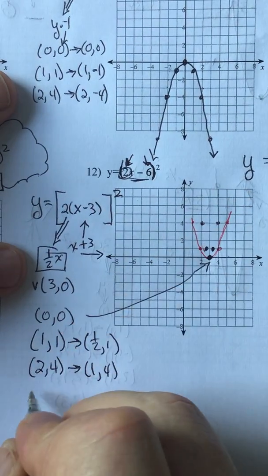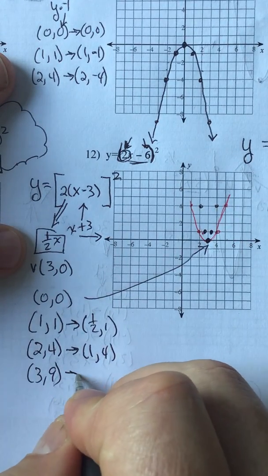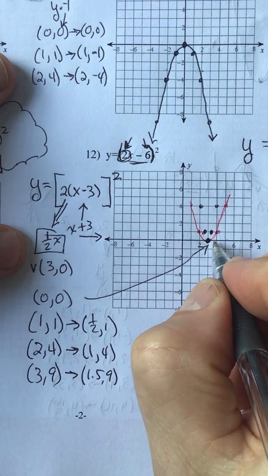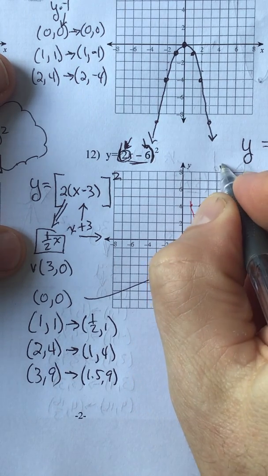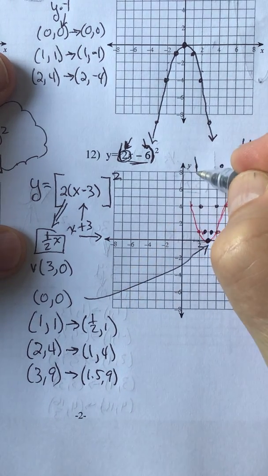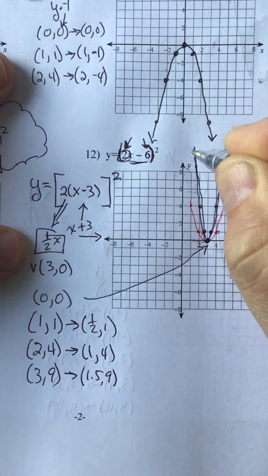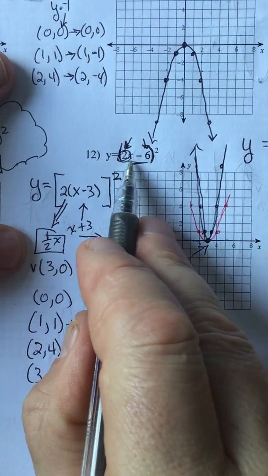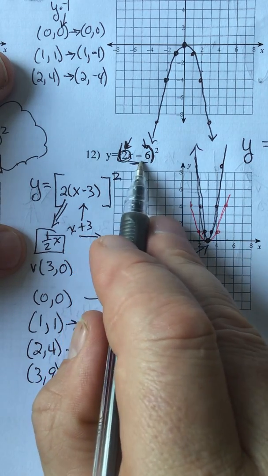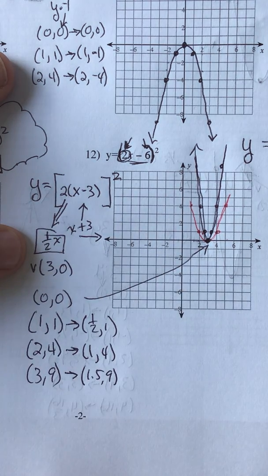It's half as wide. 3, 9 would have been the next one, but I'm halving the x's, so it's 1.5, 9. So over 1.5, up 9, over 1.5, up 9. So here's 5 exact points of this problem that was half as wide because of the 2, and then it was shifted right 3 because we've got to factor that 2 out to really see the true shift.